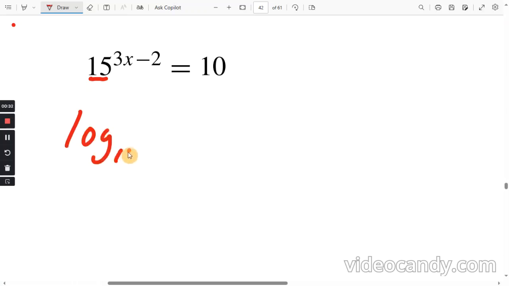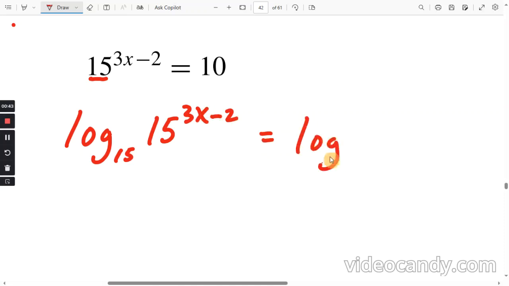So I'm going to do log base 15 on both sides. So that's log base 15 of 15 to the 3x minus 2, and on the other side, we have log base 15 of 10.